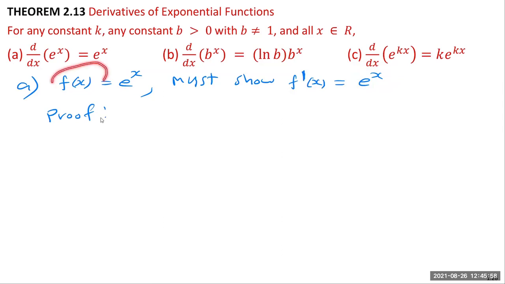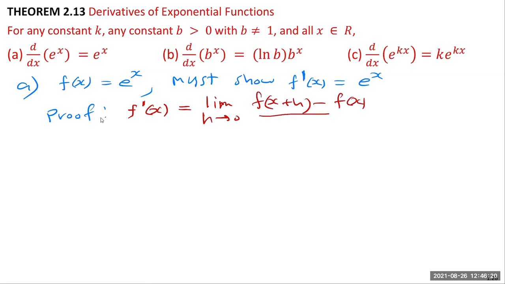Well, I'm using the definition of the derivative. By definition, the derivative is the limit as h approaches 0 of f of x plus h minus f of x divided by h, right?